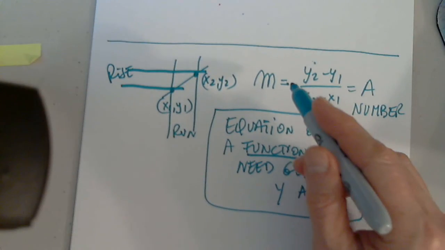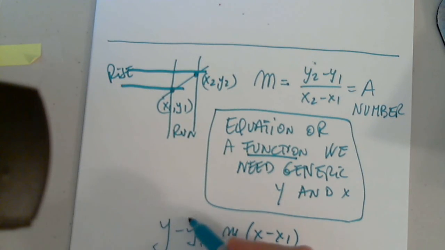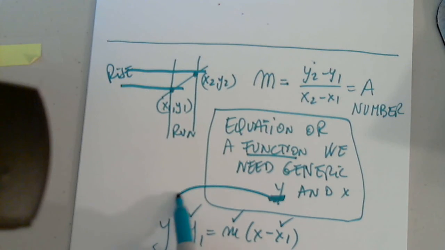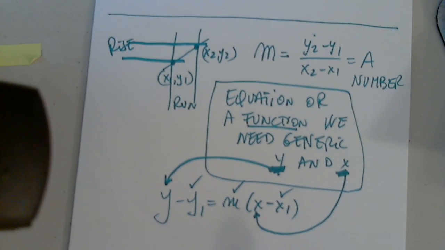So once I determine that number, this equation has a number, but it has to have the generic y and the generic x. Otherwise it will all be a number. Those are the variables. This is the input and this is the output.